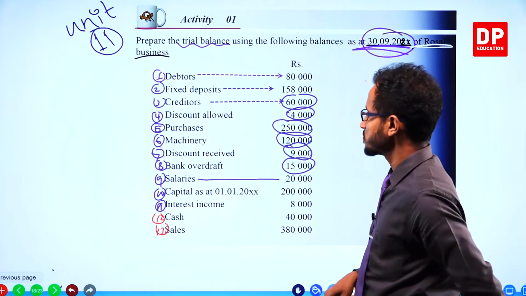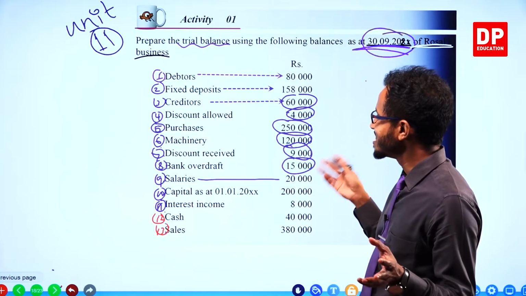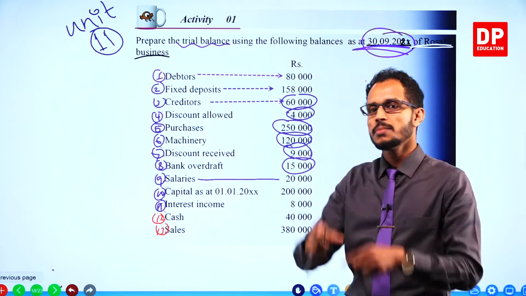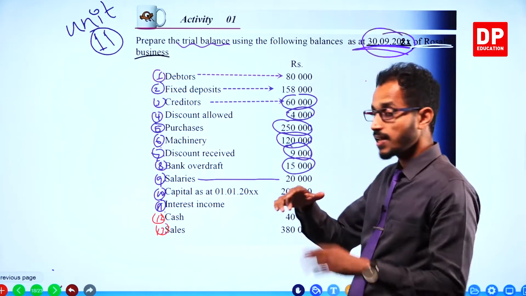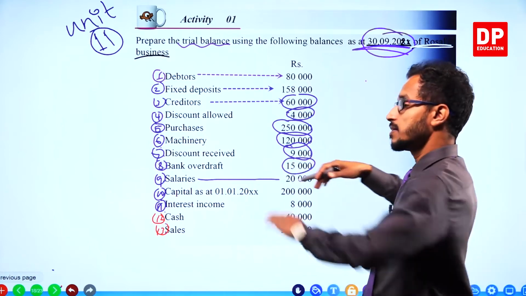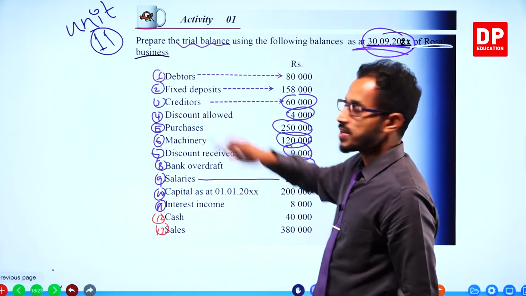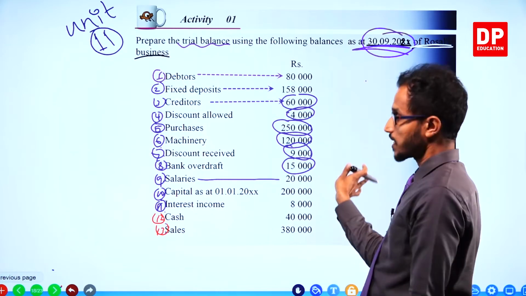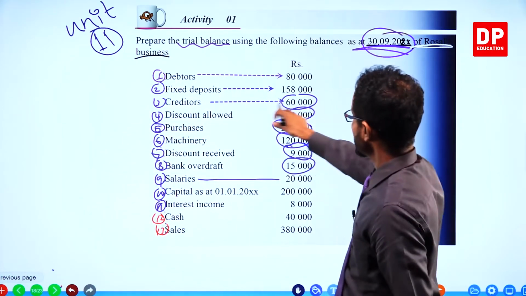Creditors 60,000. Now, we know that debit items should be in the debit side, and credit items should be in the credit side, right? So debit, credit. Creditors are in the credit side. Creditors 60,000.